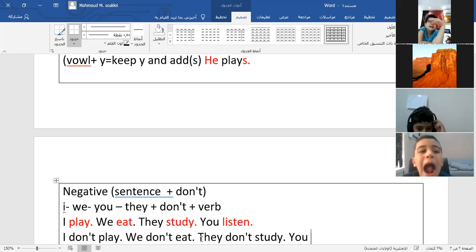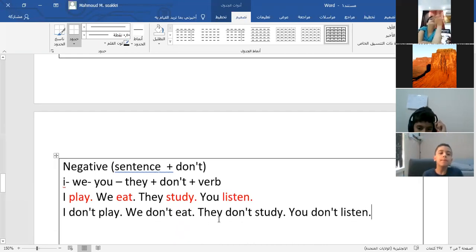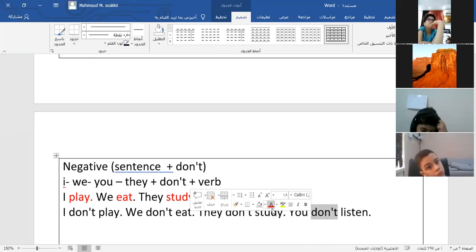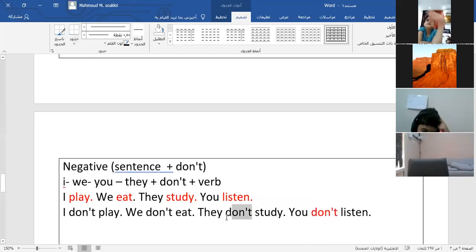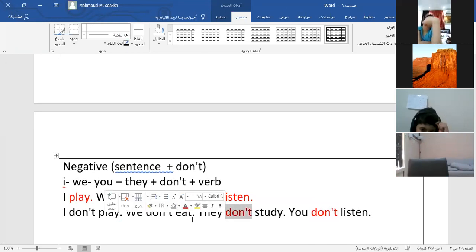You listen, you don't listen. Look what happened here. We didn't do anything at the verb, we just add don't. Only we add don't before the verb.